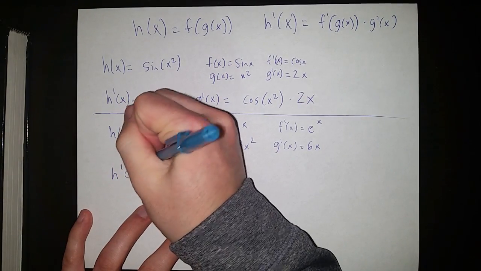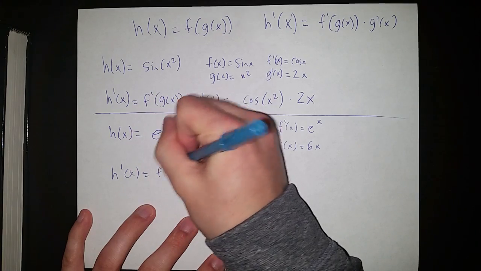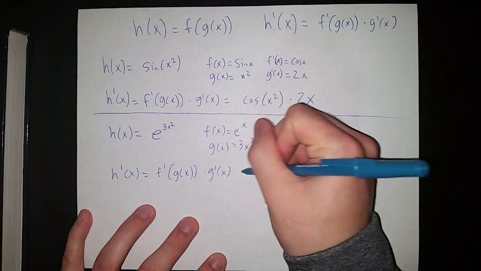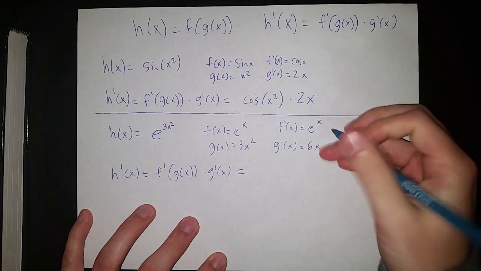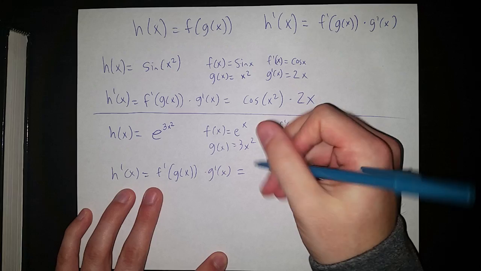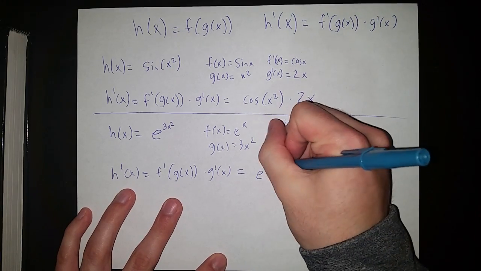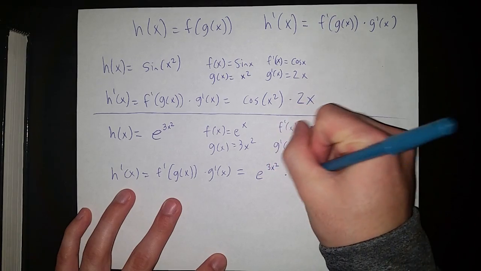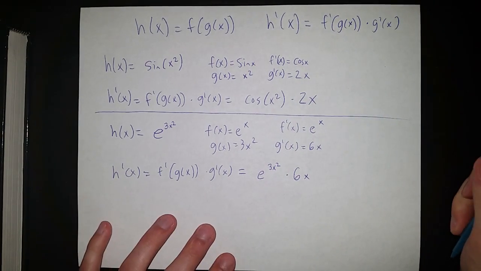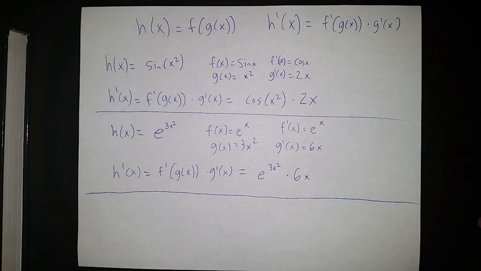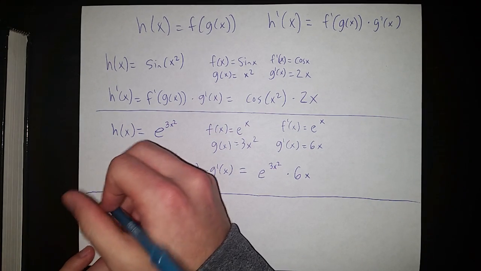So then h prime of x equals f prime of g of x times g prime of x, which is e to the 3x squared times 6x. All right, simple. All right, we'll do one more. We might do 2 more.